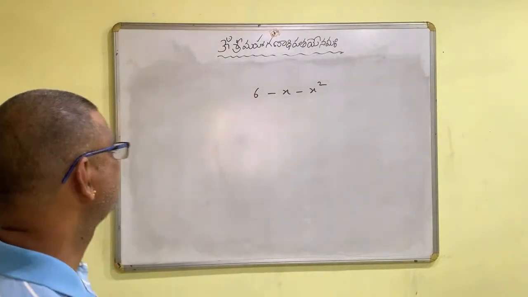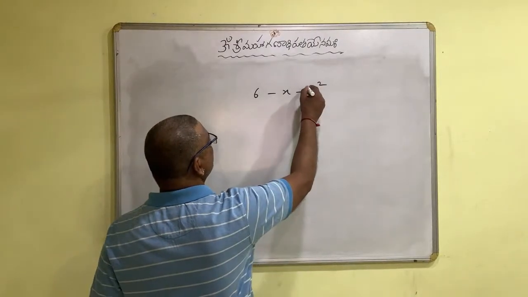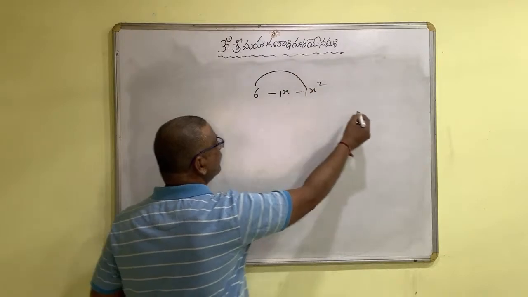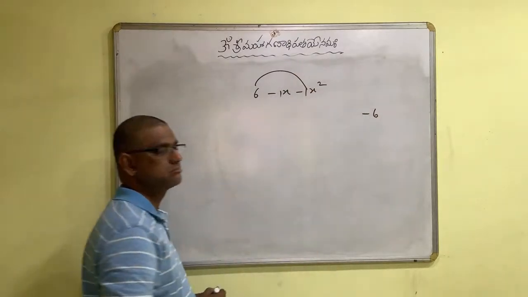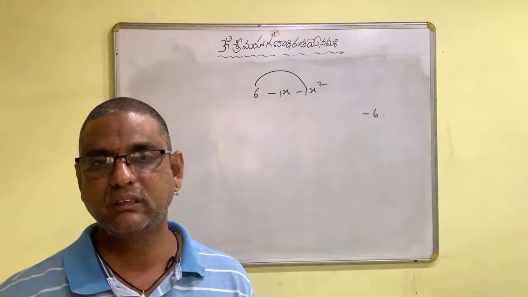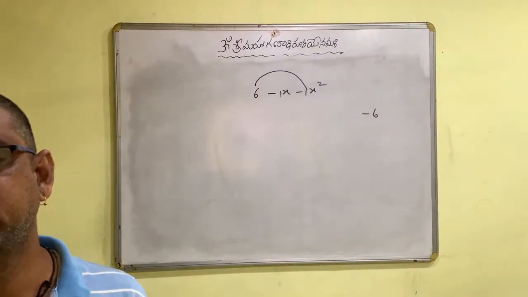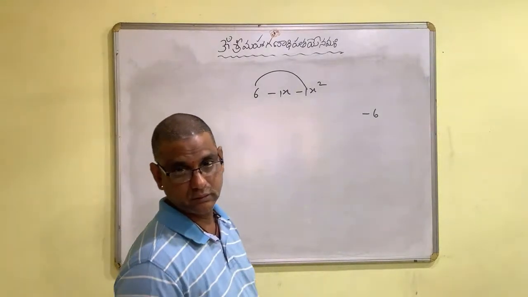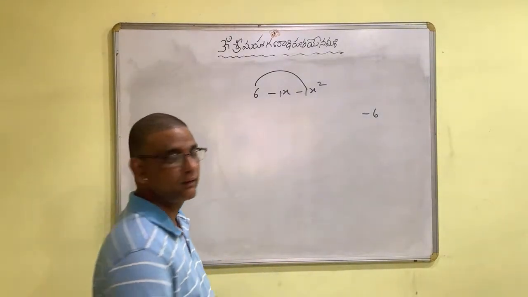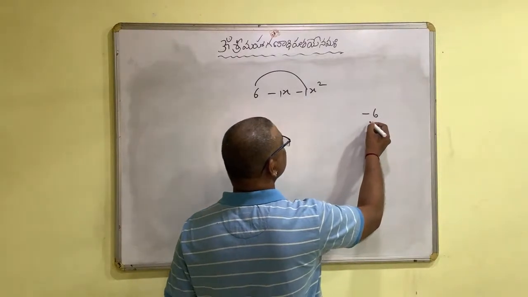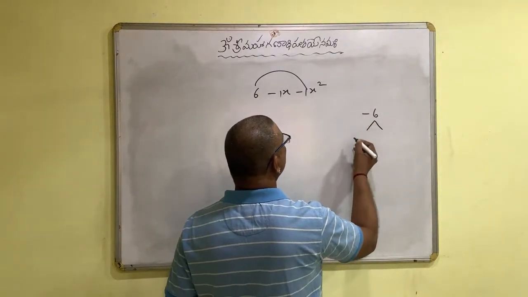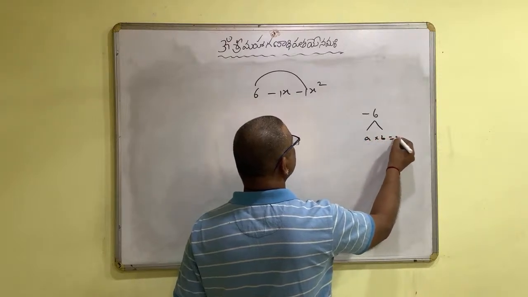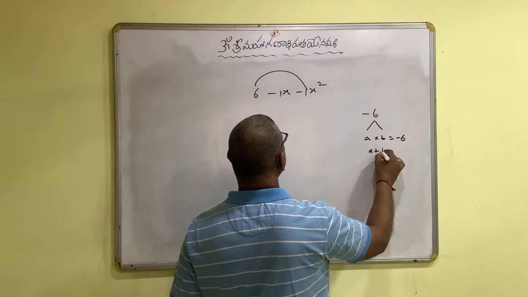Same only. Keep 1 over here and 1 over here. 6 into negative 1 is negative 6. As it is, there is no change. Then negative 6, we need to divide it into two factors such that their product is negative 6 and sum is negative 1.